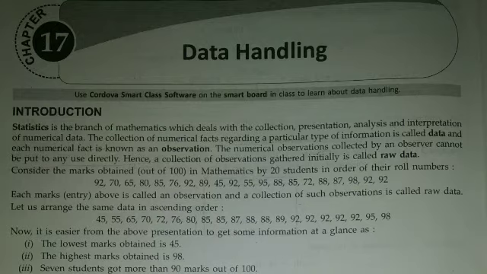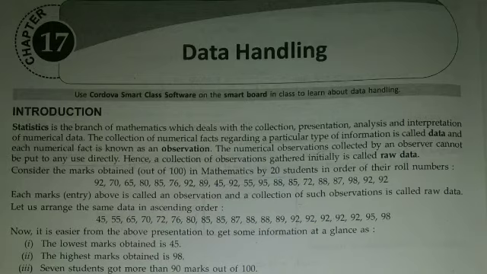And the single numbers, that means 92 is the observation of the first student, 70 is the observation of the second student. Okay. Then we will see each mark entry above is called an observation and the collection of such observations is called raw data.